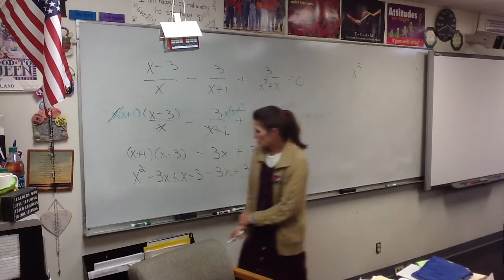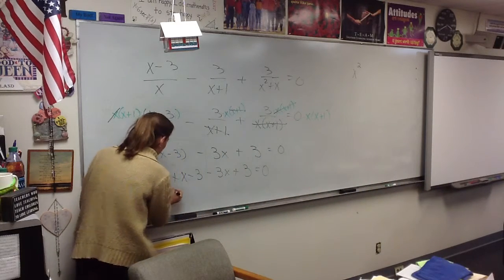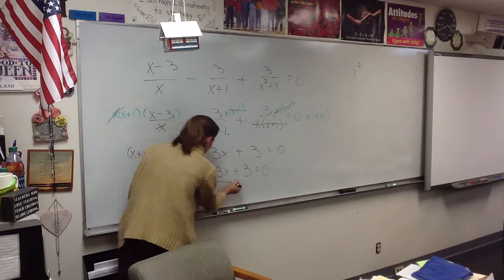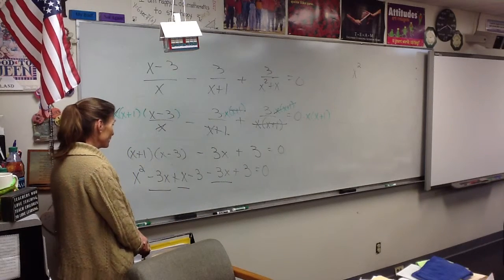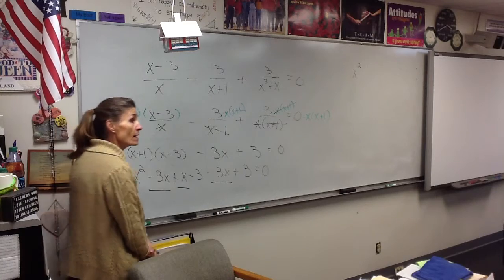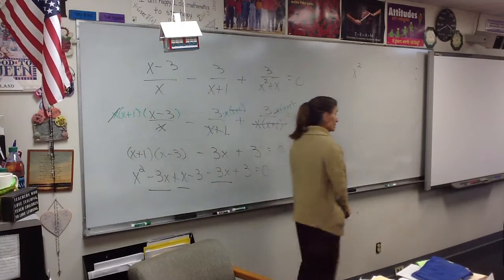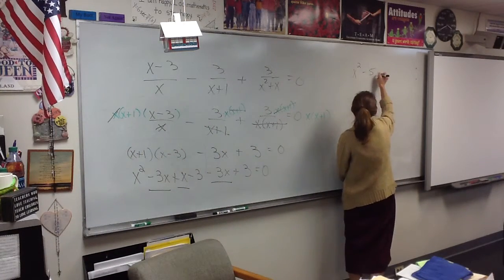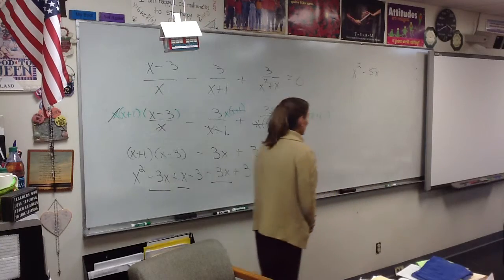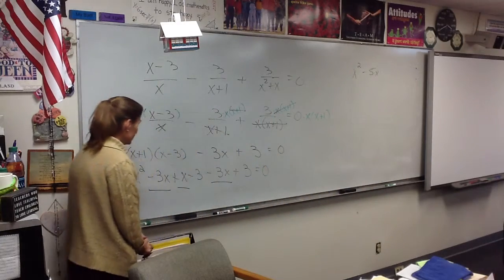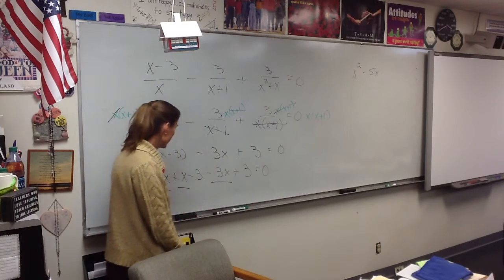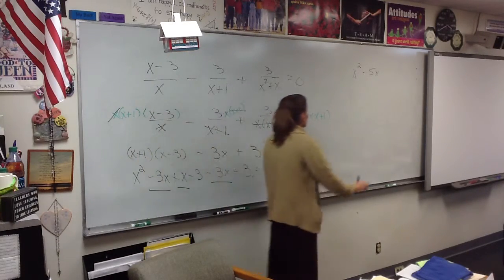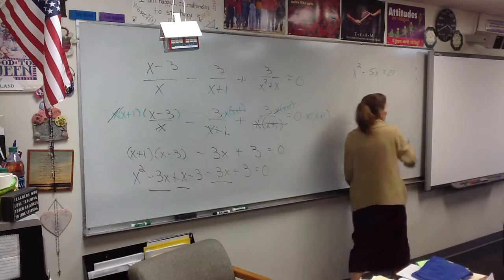How many x's do I have? Minus 3 plus 1 minus 3. What does that make? Minus 5? What happens to the negative 3 and the positive 3? They're gone. So we just have to equal 0.